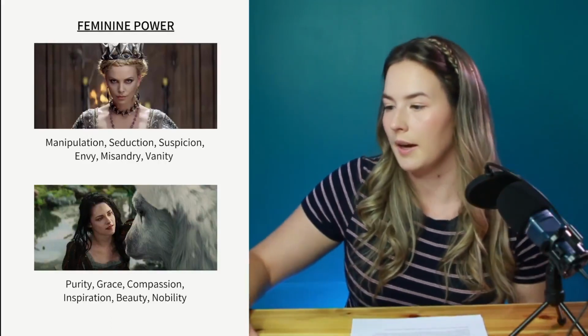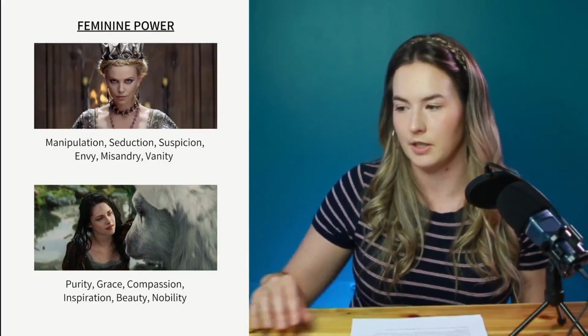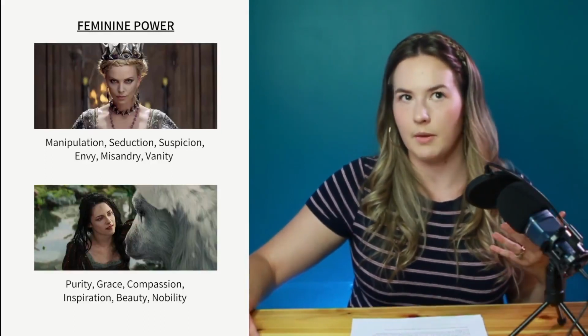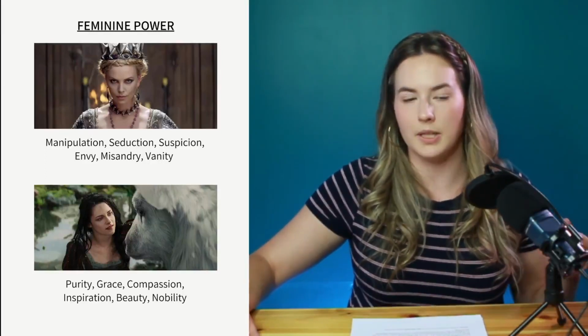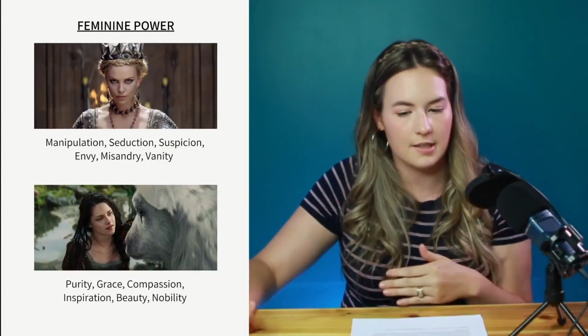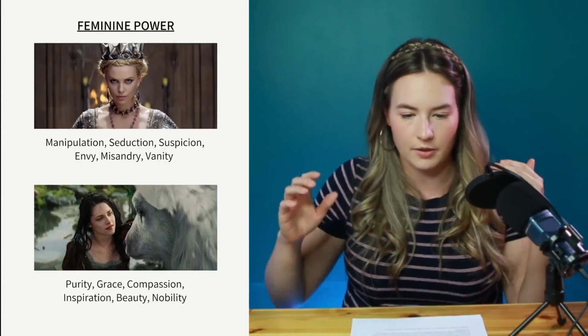And then we have Snow White. Her whole character is purity, grace, compassion, inspiration, beauty, and nobility. And inspiration was really the one for me that was the power displayed in this film. For the first half of the film, she's just kind of running away from Ravenna, and she's not really standing up, she's not doing anything.